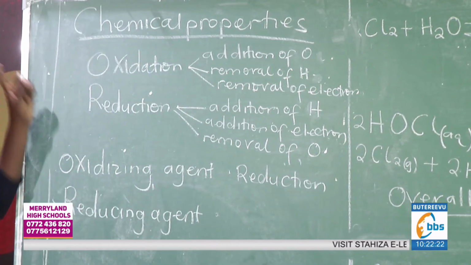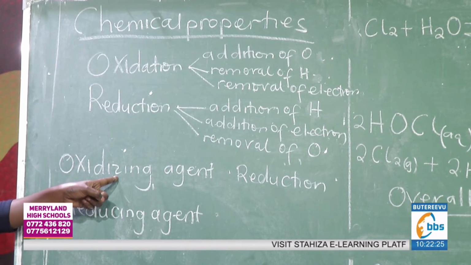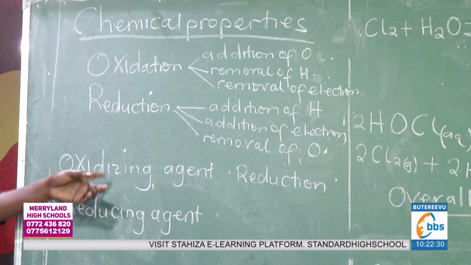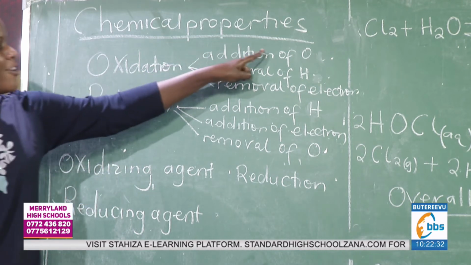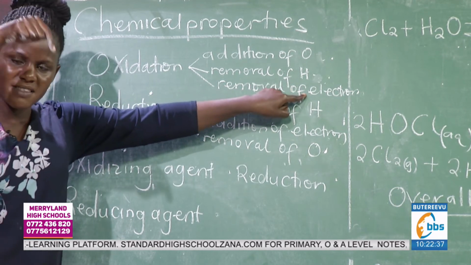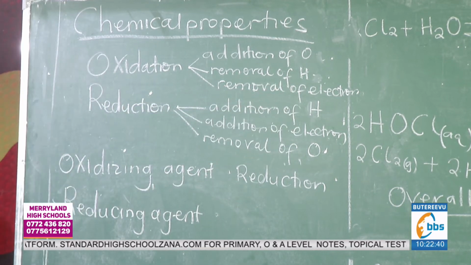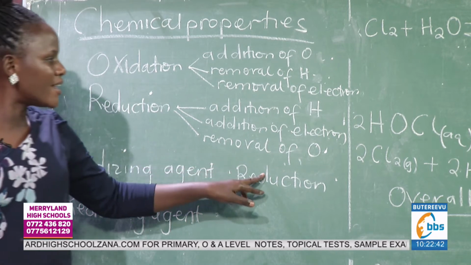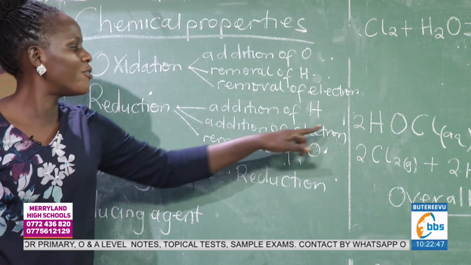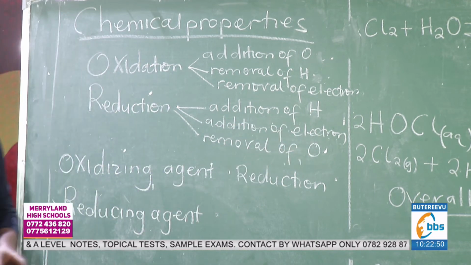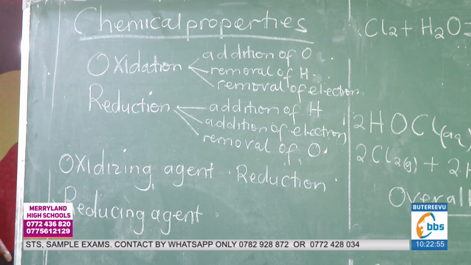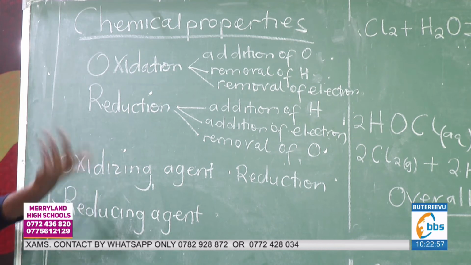Therefore, an oxidizing agent will either add oxygen, or remove hydrogen, or remove electrons from the substance it is reacting with. But itself, it will be reduced by addition of hydrogen, or addition of electrons, or by removal of oxygen from itself.